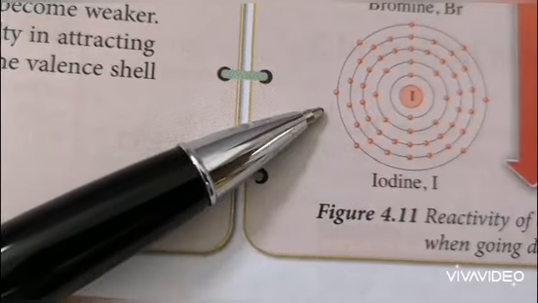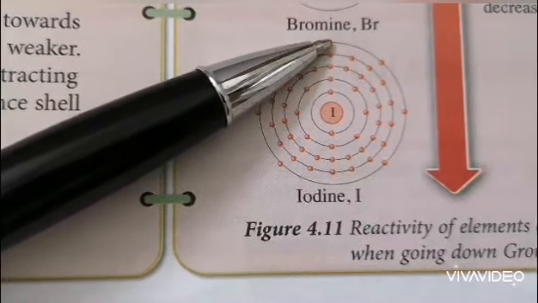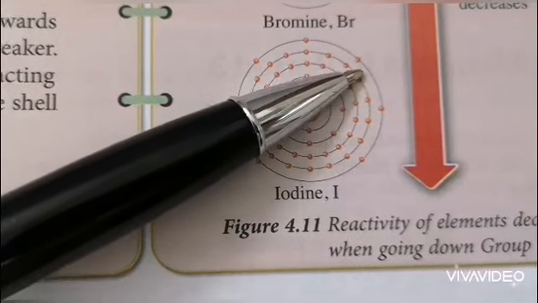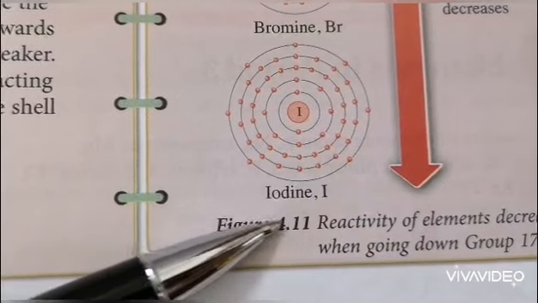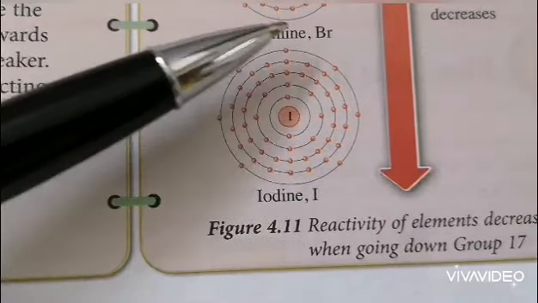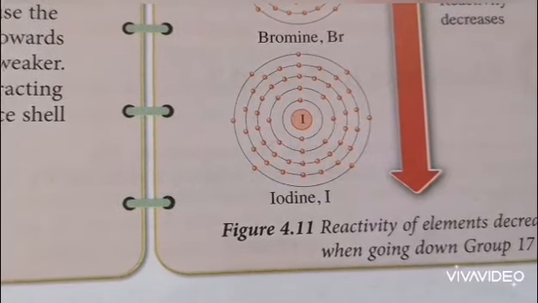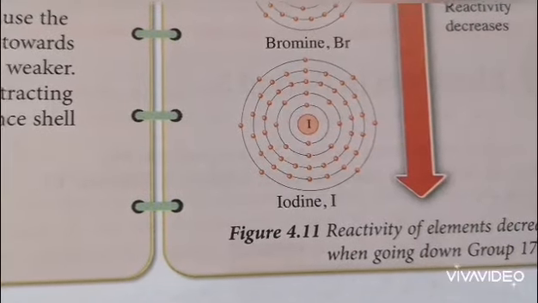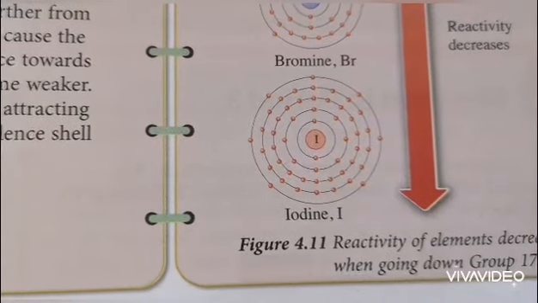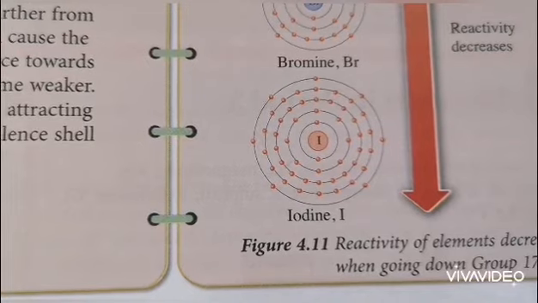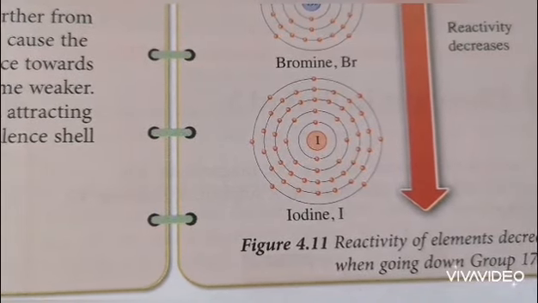One, two, three, 4, 5, 6, 7. So there's 7 electrons in the outermost shell of iodine atom. So valence electron is 7. So iodine atom wants to receive 1 electron to achieve stable octet electron arrangement.